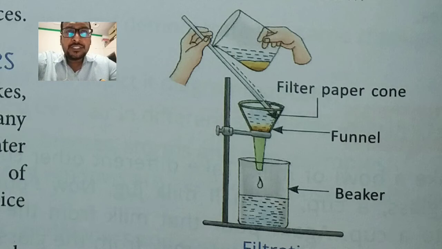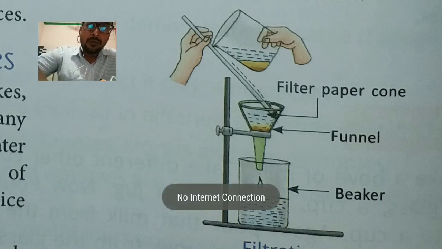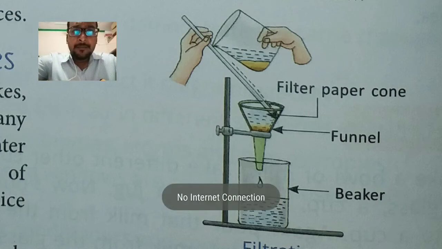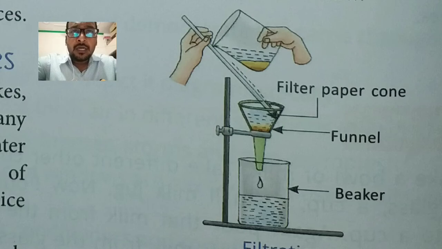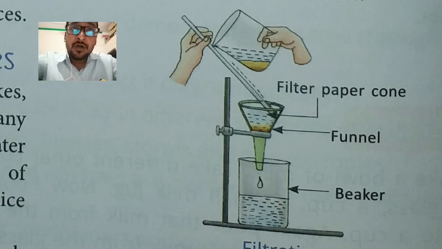This is a process which is being done in a laboratory, but nowadays we have RO system in our home which is filtering our water very easily. It has a filter inbuilt and that is filtering water very effectively.